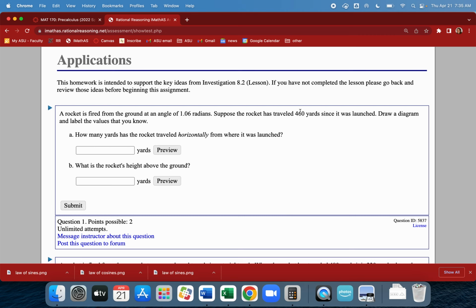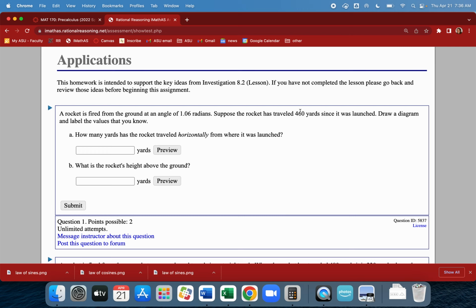If we have the ground and a rocket that's launched at an angle to the ground, the rocket is going up this way. Whatever number you're given is how large this angle is. Mine's 1.06 radians, yours might be something else.